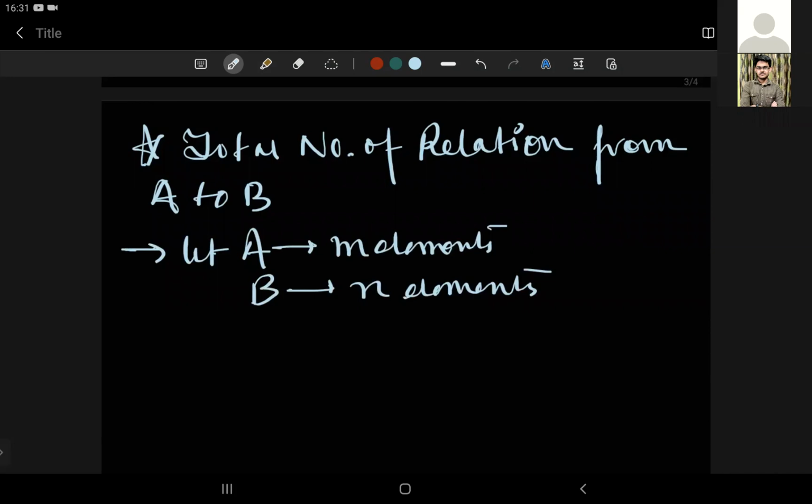So the number of elements in A cross B is equal to mn.